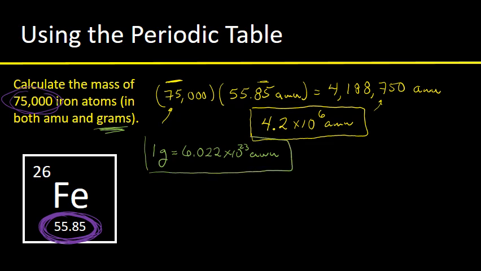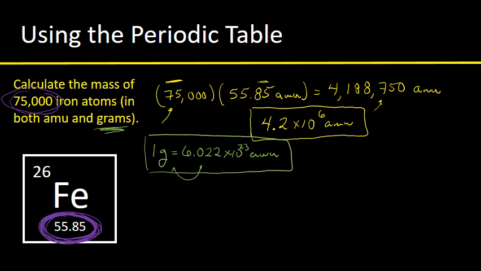And since we can write grams and AMU as being equal to one another, this is just a conversion factor, and we can make a fraction out of that, and that fraction is equal to 1, and we can use that to do our conversion. Okay.